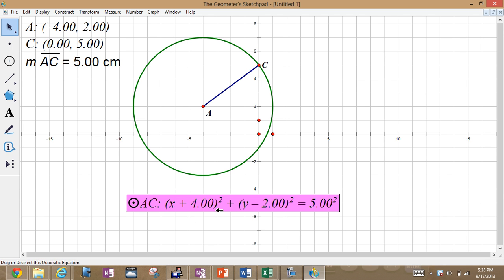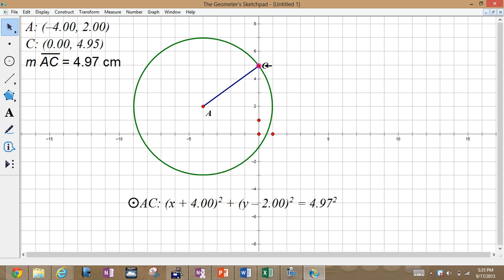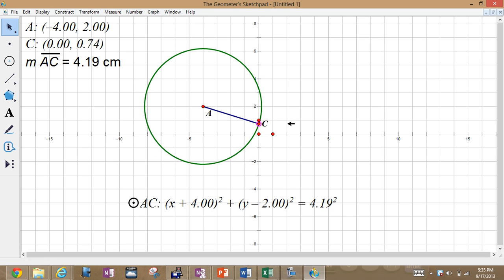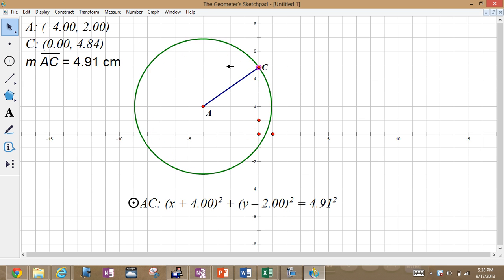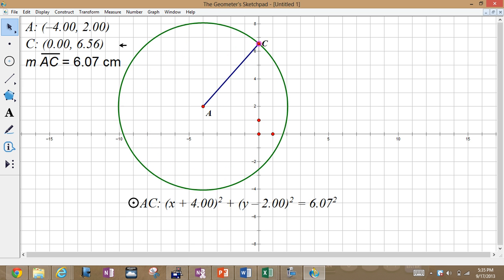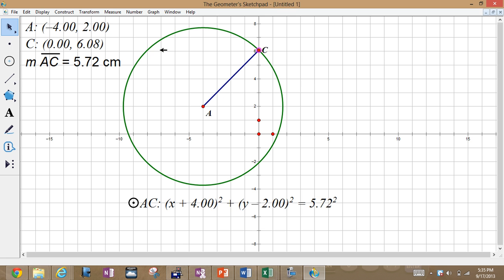Now, if I move this, it's going to reflect the changes. If I increase my radius by pulling on C and making a larger or smaller circle, you can see what changes is the length of the radius, but the center stays fixed at -4, 2. So you can obviously see how that's controlling.